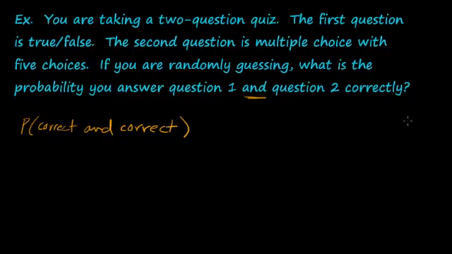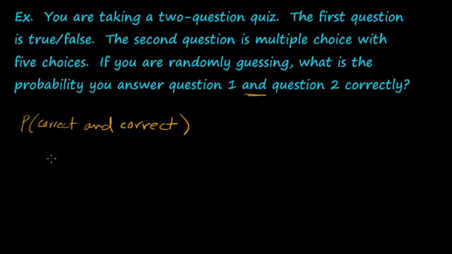Well, one way we can consider this is visually in what we call a tree diagram. Let me write that down. A tree diagram. And that visually shows us all of our outcomes, all of our possible choices.